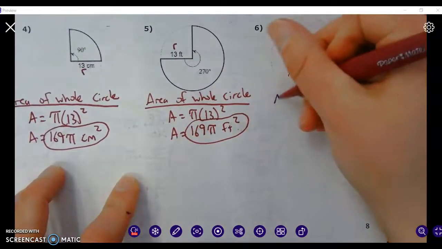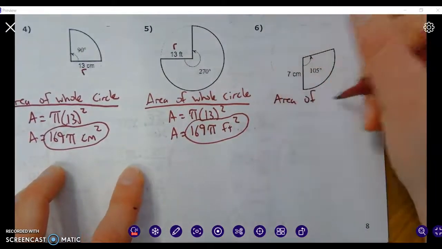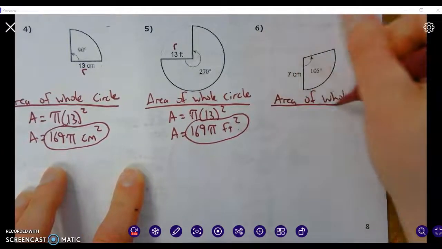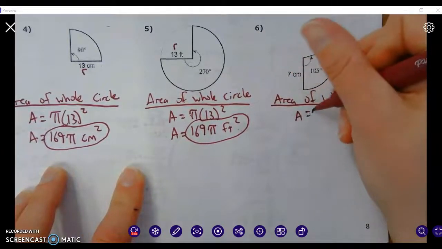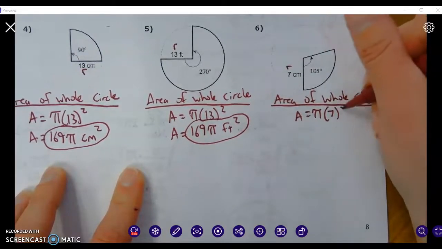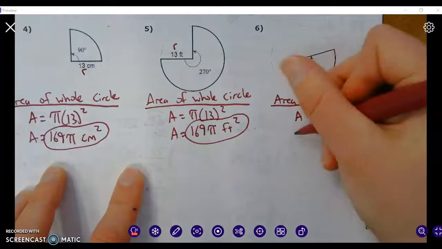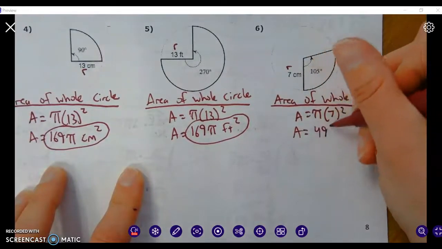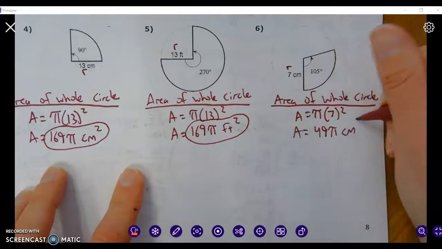And then our last one. So 7 is our radius. Okay, 7 times 7 is 49 pi and centimeters squared.